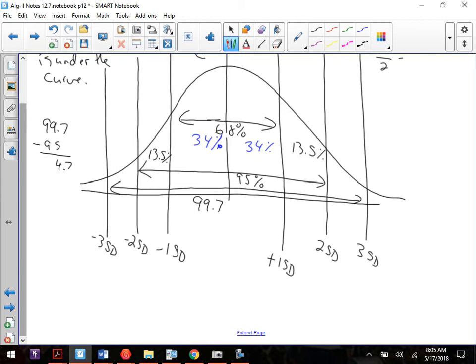Well, that means this portion here and this portion here would account for 4.7 of the total data, which means half is on either side.